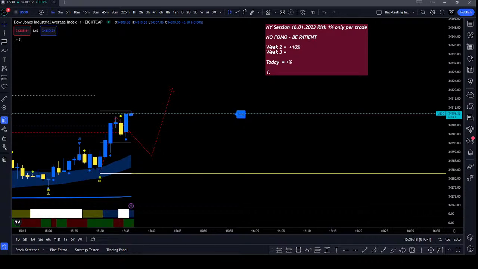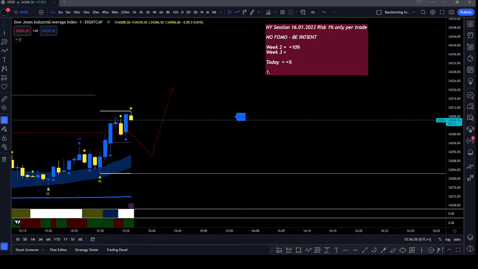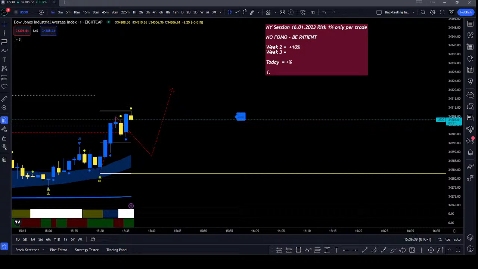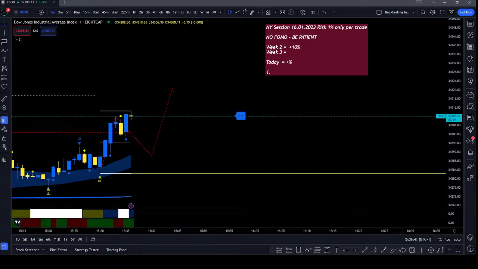45 seconds for this candle to close. 18 seconds to go.